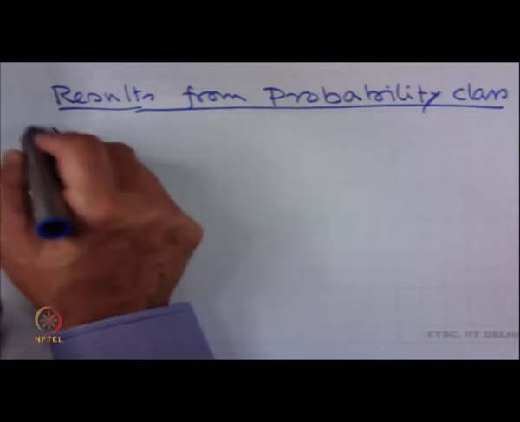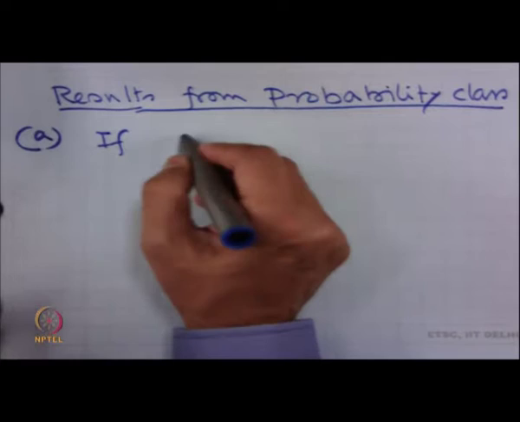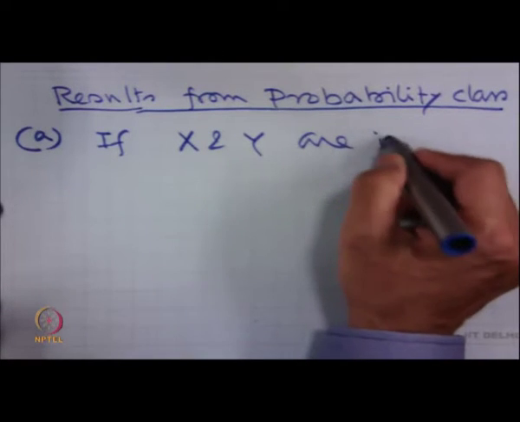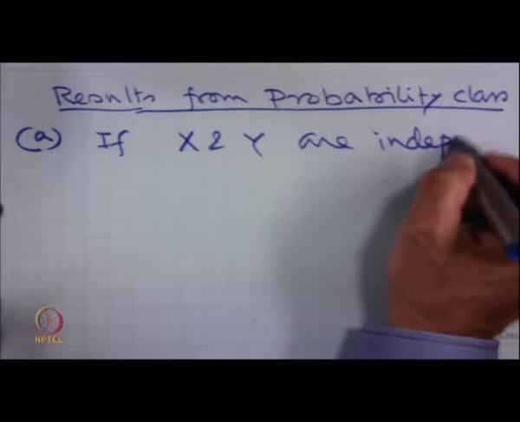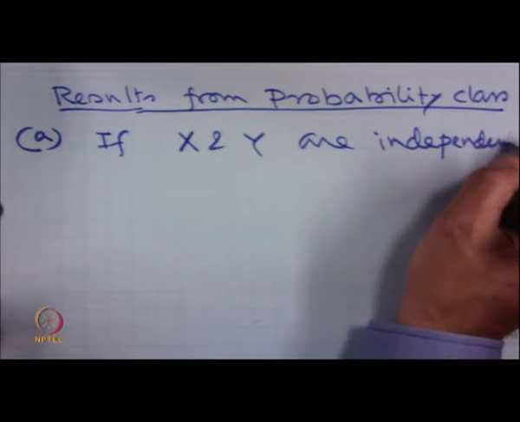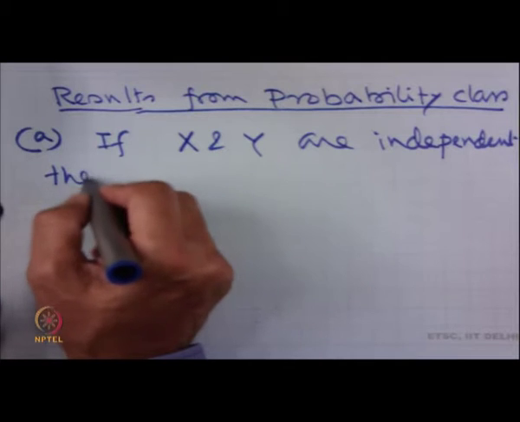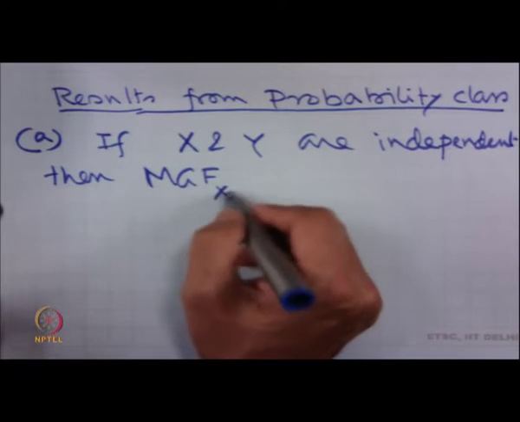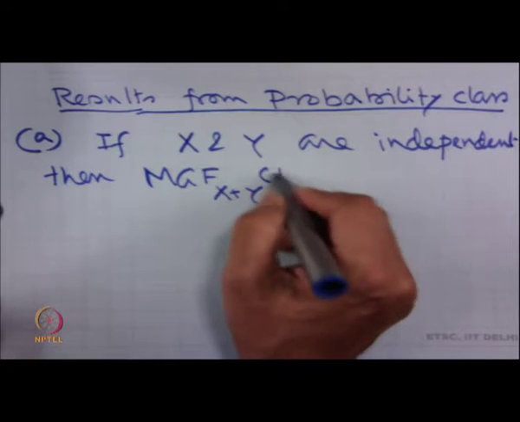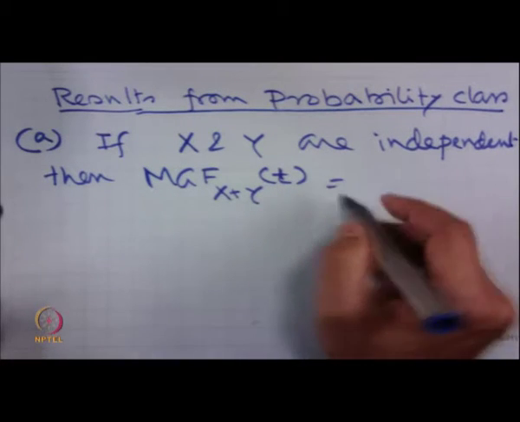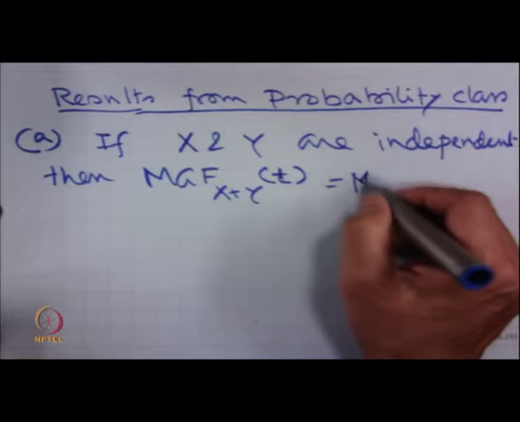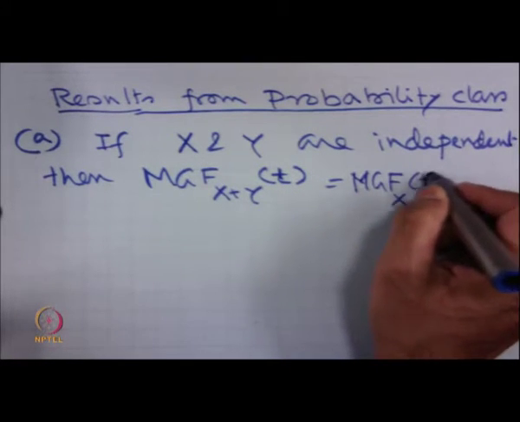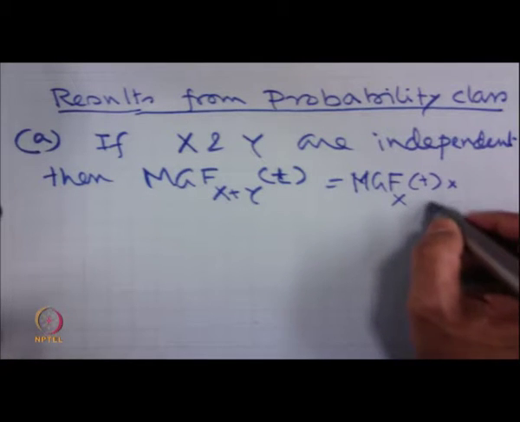that if X and Y are independent, then moment generating function of X plus Y at t is equal to the product of their individual moment generating functions.